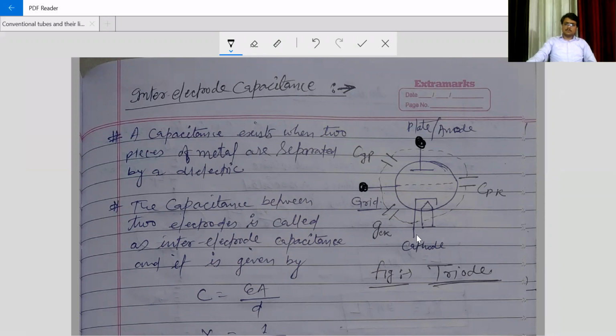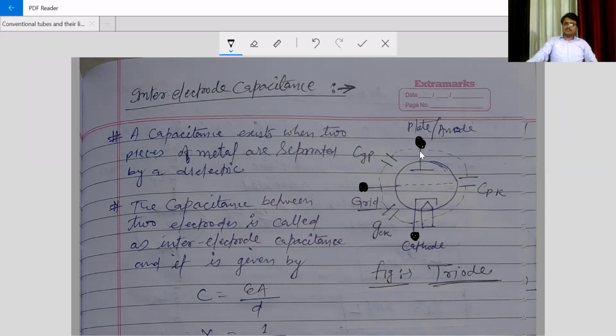When we connect these devices to other devices, there is soldering. This soldering is nothing but the electrode. It behaves as a metal plate.